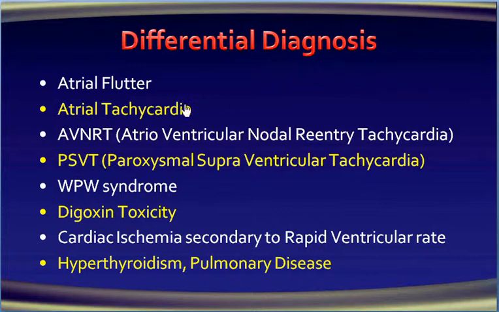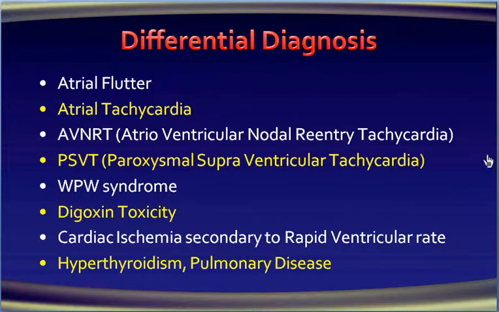What are the conditions which we need to differentiate from atrial fibrillation? Atrial flutter. Of course, there is a systematic conduction of the atrial impulse with 1:2 or 1:3 ratio, and the heart rate is very regular, and usually it is a tachyarrhythmia.